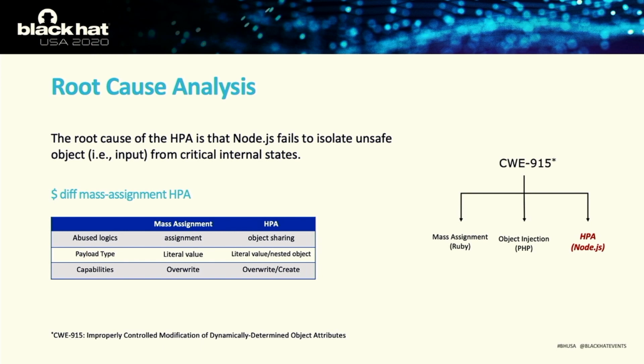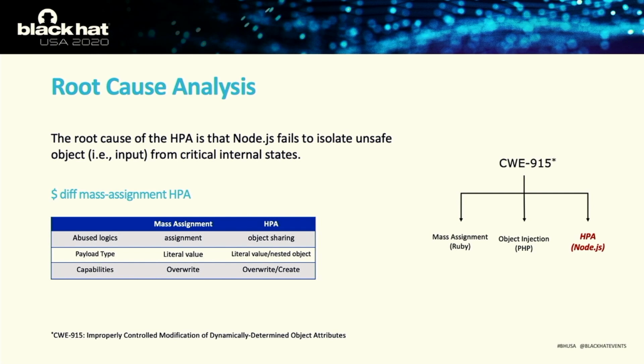For example, Ruby mass assignment is a set of vulnerabilities discussed in a widely used Ruby web framework called Ruby on Rails. Unlike HPA, the attacker does not pass objects into the Ruby program. Instead, the attacker abuses a framework-specific assignment feature to tamper the existing object that is associated with the assignment. So the payloads are also different.